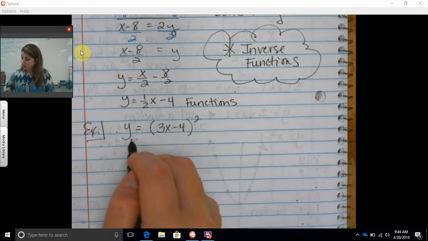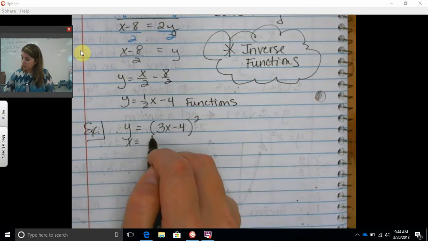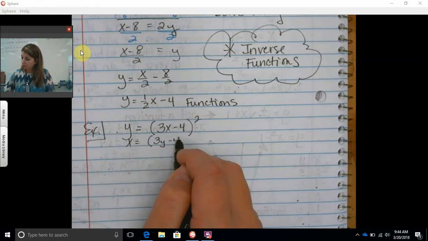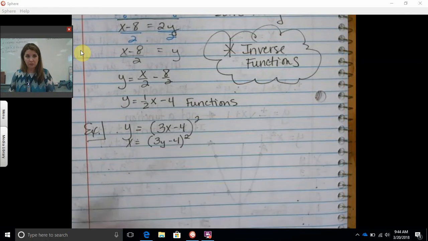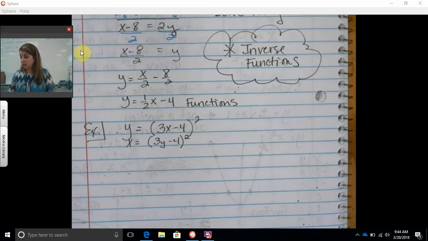So we have x equals open parentheses, 3y minus 4 quantity squared. So, how can I get rid of that squared? Square root, right? We learned that.